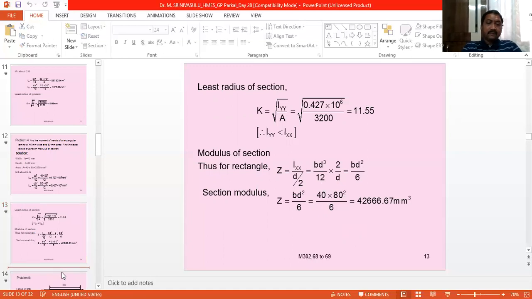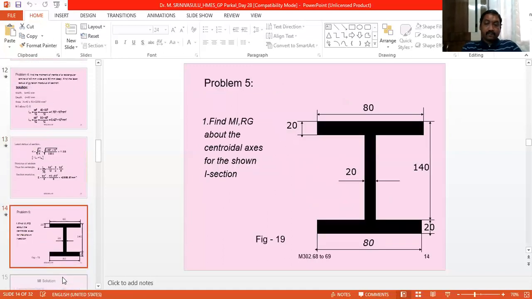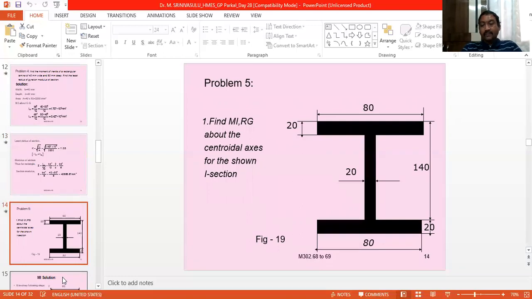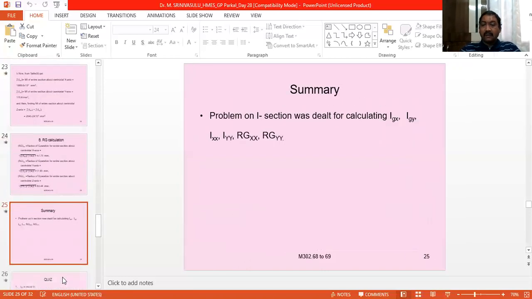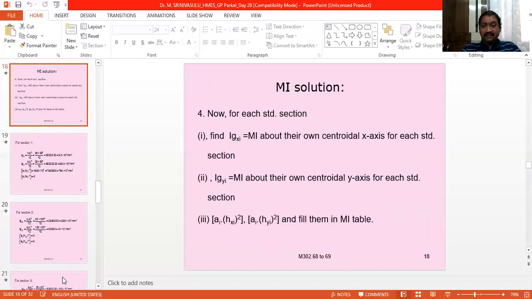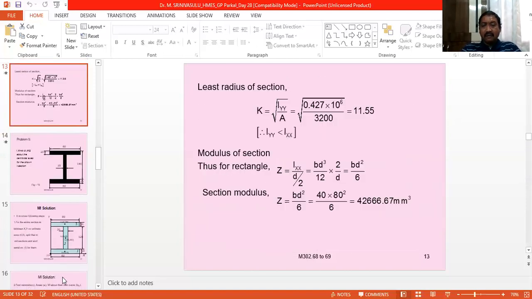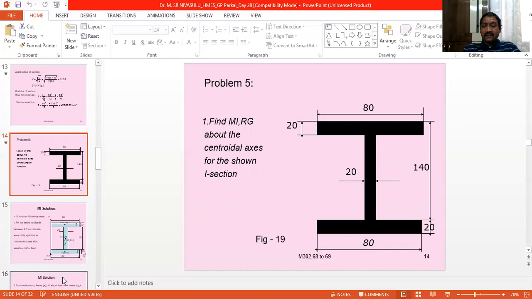Then we are moving to the other problem. So here a composite figure is given. Here we need to find out the moment of inertia of the given composite figure. The given figure is the I section.